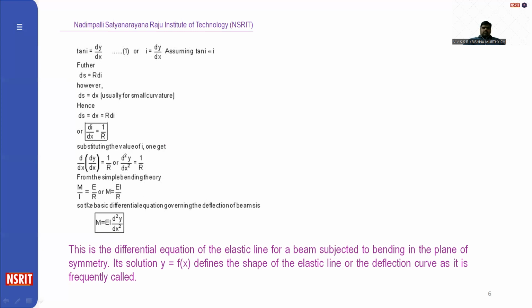From simple bending theory, M by I equals E by R, so M is equal to EI by R. So the basic differential governing equation of the beam can be taken as M is equal to EI d square y by dx square, since 1 by R is d square y by dx square. This is the differential equation of the elastic line of the beam, where y is a function of x that defines the slope and the radius of curvature.